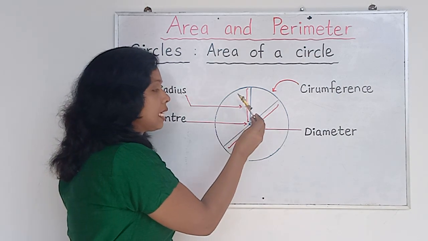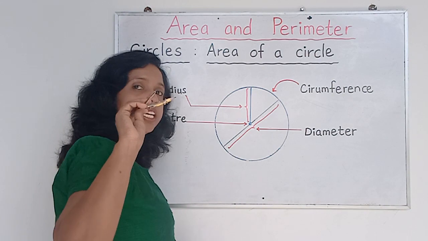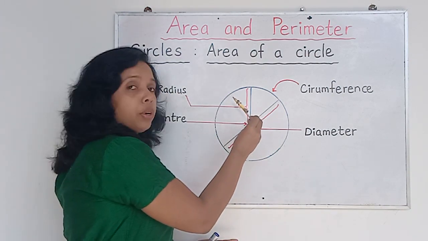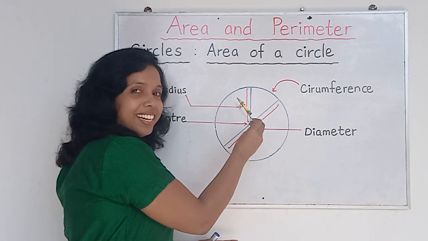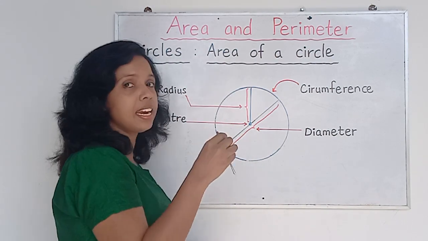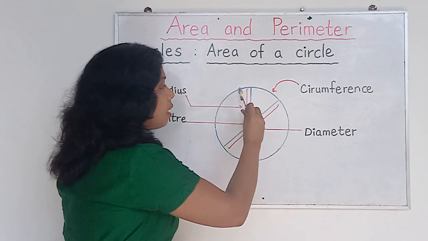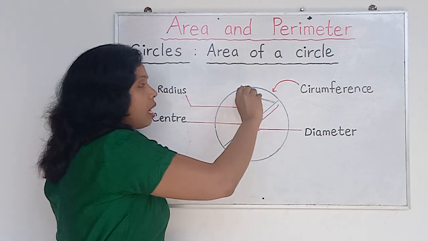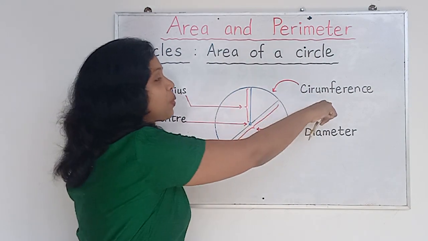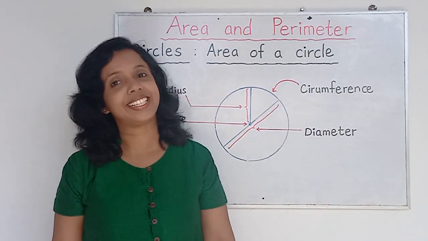The place where you put this point is called the center of that circle. And the line that the pencil draws is called the circumference.